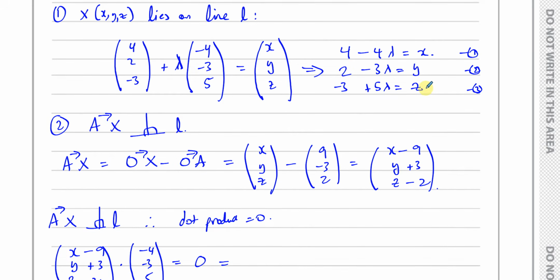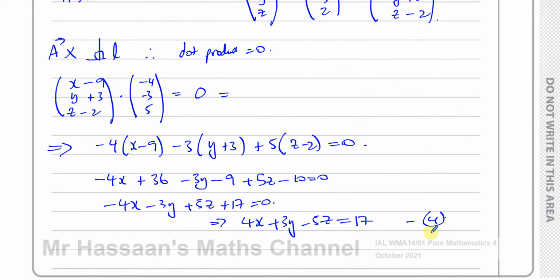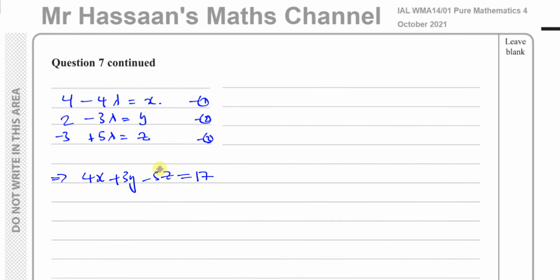These are formed from the fact that the point lies on the line, and this is formed from the fact that the line from A to X and the line L are perpendicular to each other. Okay, so now I need to combine these two sets of equations together, so I'll do that on the next page. Okay, so here we have the equations that we need.